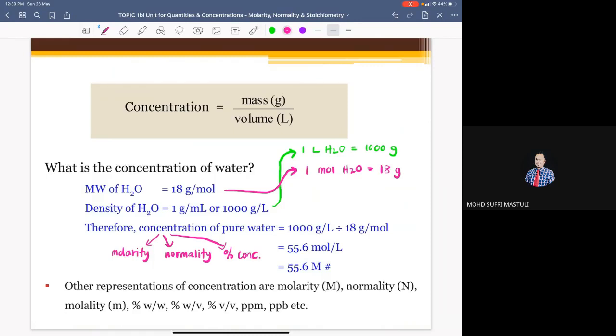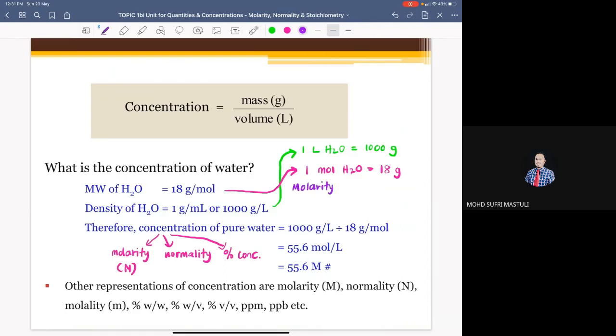We will cover how to convert the concentration to different units on another slide. Here, the concentration of the water will be presented in the molarity form. Molarity, of course, I have not taught you yet.